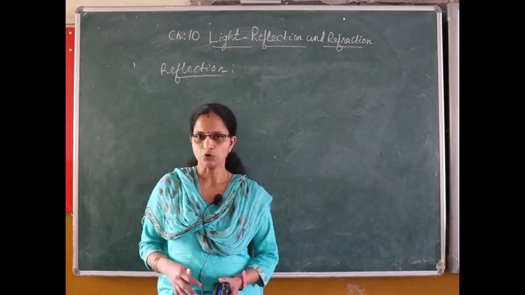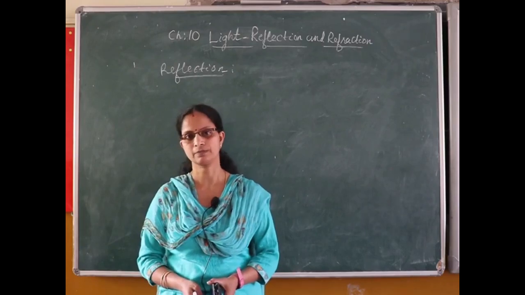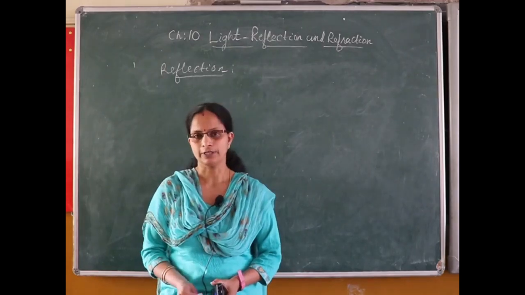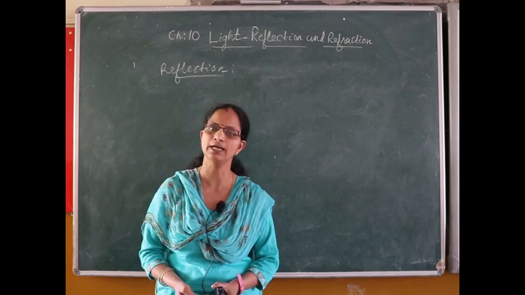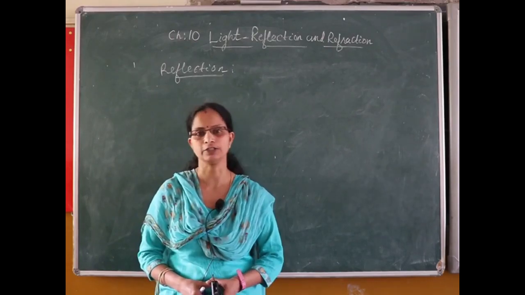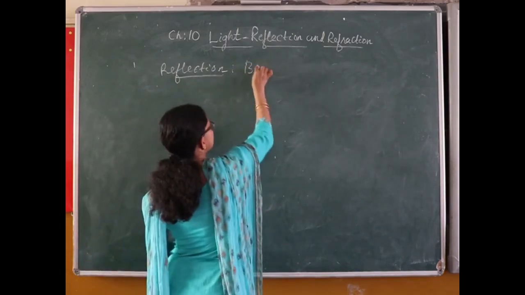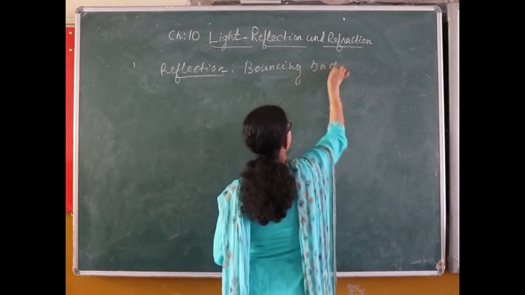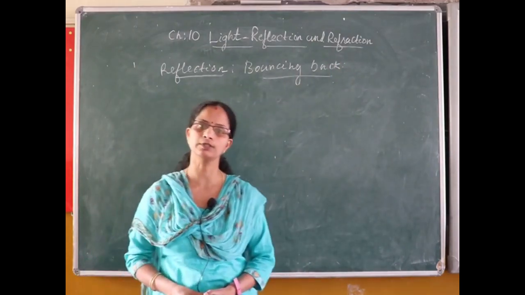Now, this absorption or bouncing back depends on the nature of the surface where the light strikes. If the surface is a highly polished surface, most of the light falling on that surface gets bounced back. That we call reflection. So reflection means bouncing back of light on striking a highly polished smooth surface.